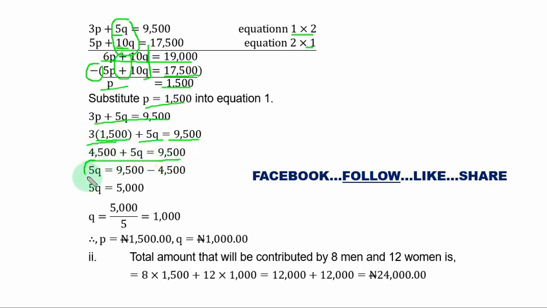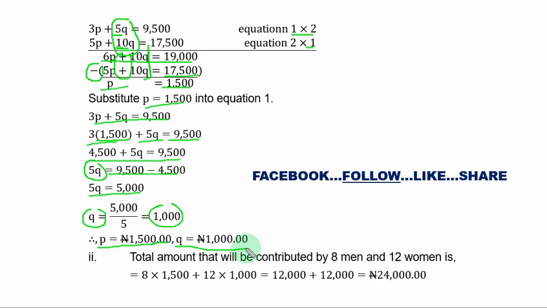If you make 5Q stand alone, you have this result. After subtraction, you have this result. To get Q, divide both sides by 5 and Q is equal to 1,000. Therefore, P is equal to 1,500 naira and Q is 1,000 naira.